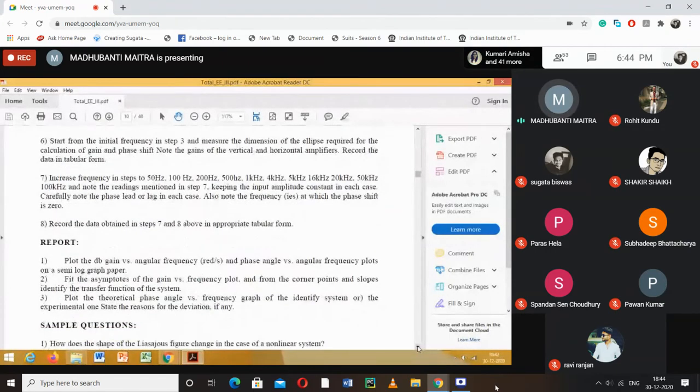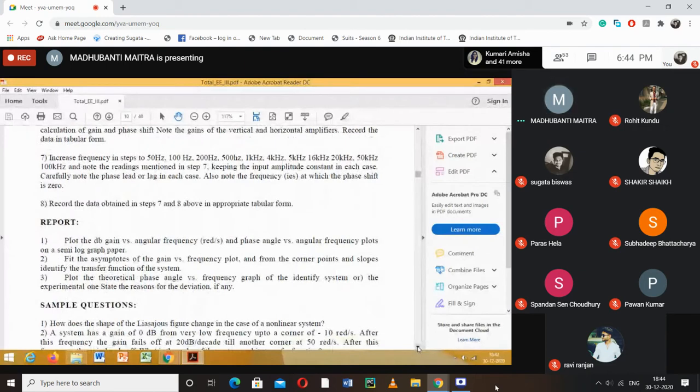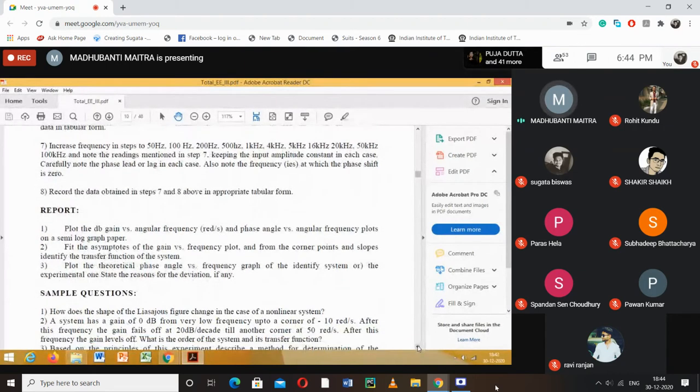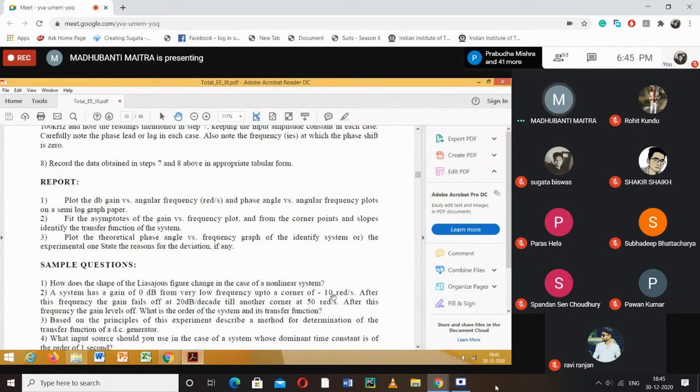After we complete the discussion on this experiment, try to answer these questions and generate a report. These are the sample questions which you'll have to answer. Here, though it's apparent, it's 10 radian per second.